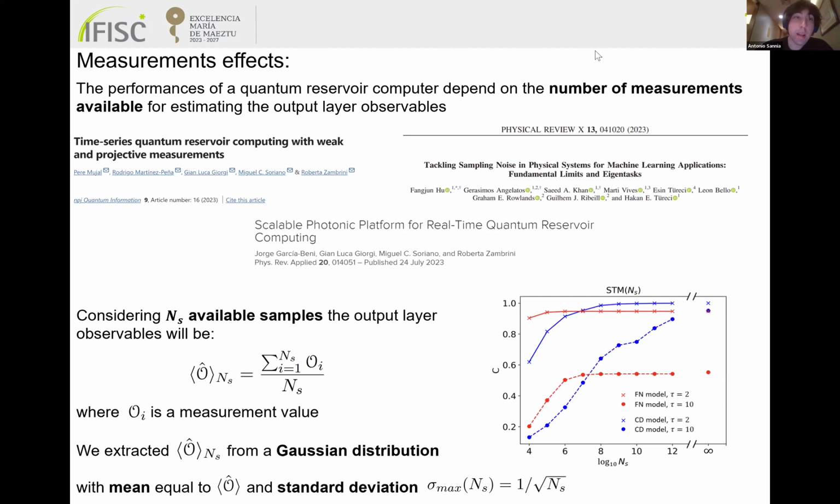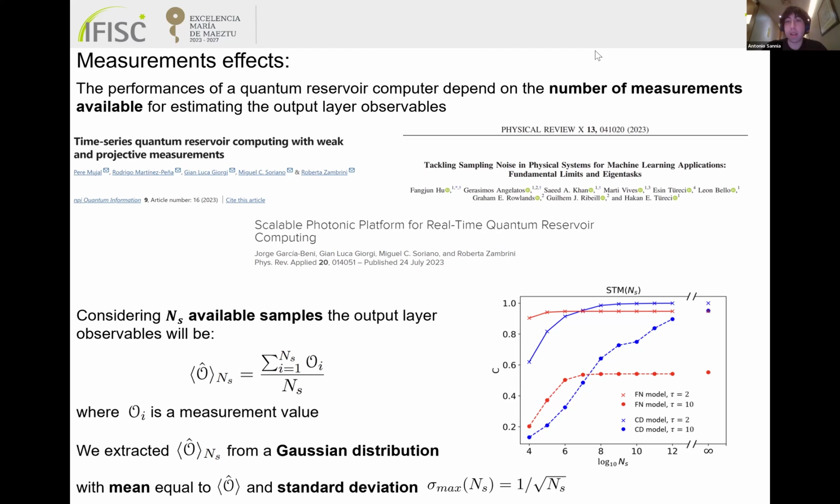Okay. So now another important point, like I mentioned before, is the role of measurements. Because we know that the performance of a quantum reservoir computer strictly depends on the number of measurements that we have available for estimating the output layer of the reservoirs.